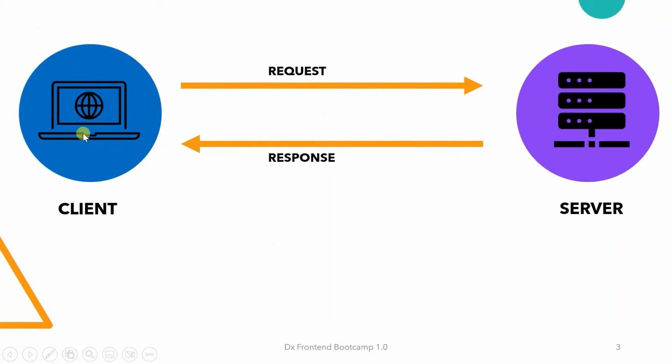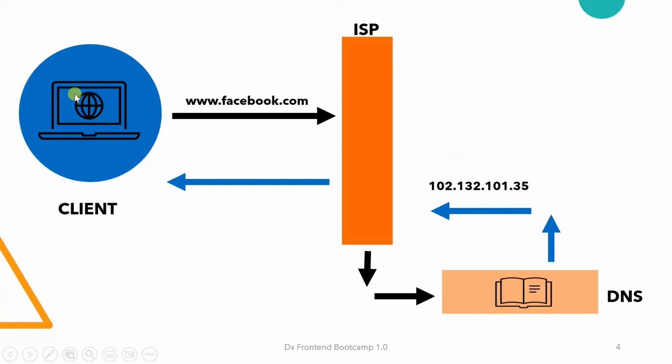Well, let's quickly look at what happens behind the scene when we enter a domain name inside of our browser. But before then, let us quickly explain what exactly a domain name is. Well, a domain name is just a simple name that represents an IP address or multiple IP addresses.